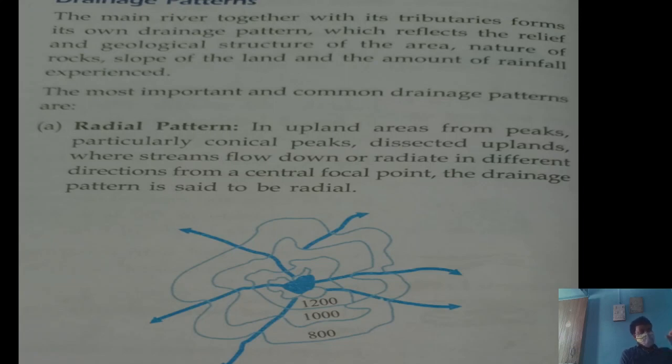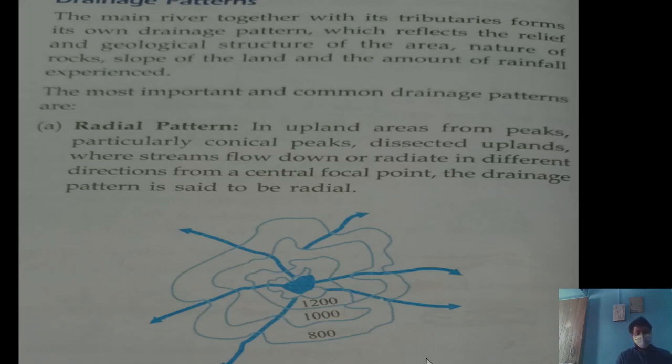In the contour lines, you have seen the conical shape of contours in this picture. When rivers flow from a conical shape, they flow in different directions. The blue rays show the different directions of the river; it is the radial pattern.